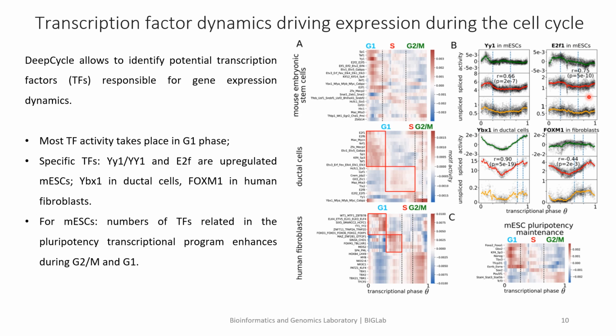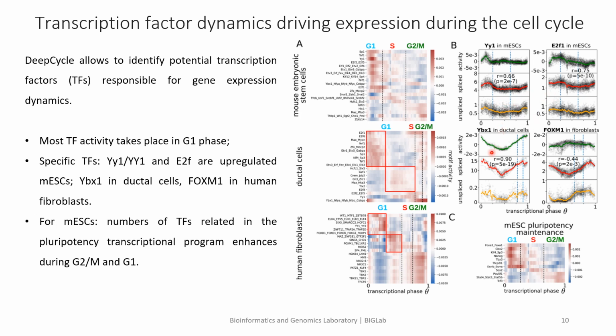E2F related motif activities peak in between the G1 and the S phase to activate the genes necessary for the transition. And other factors seem to act similarly between mouse embryonic stem cells and ductal cells.